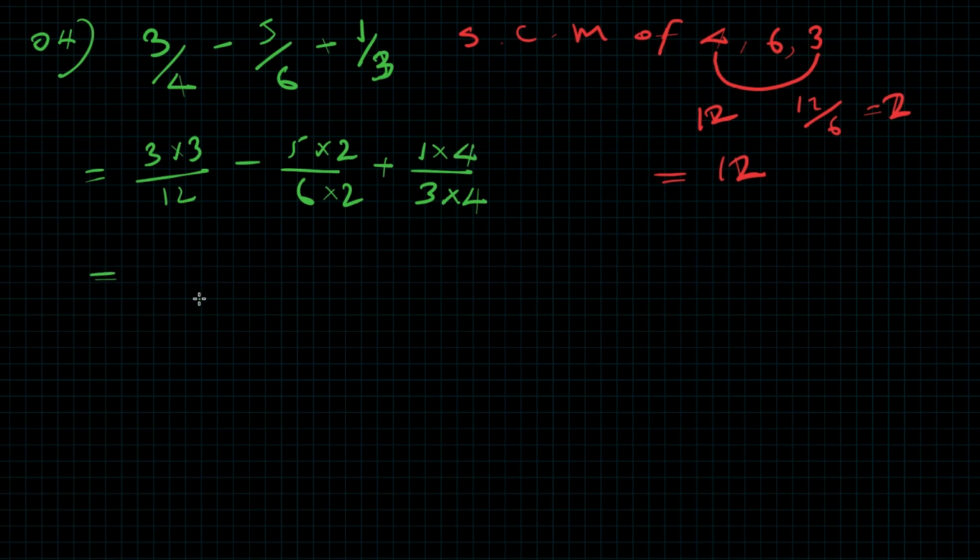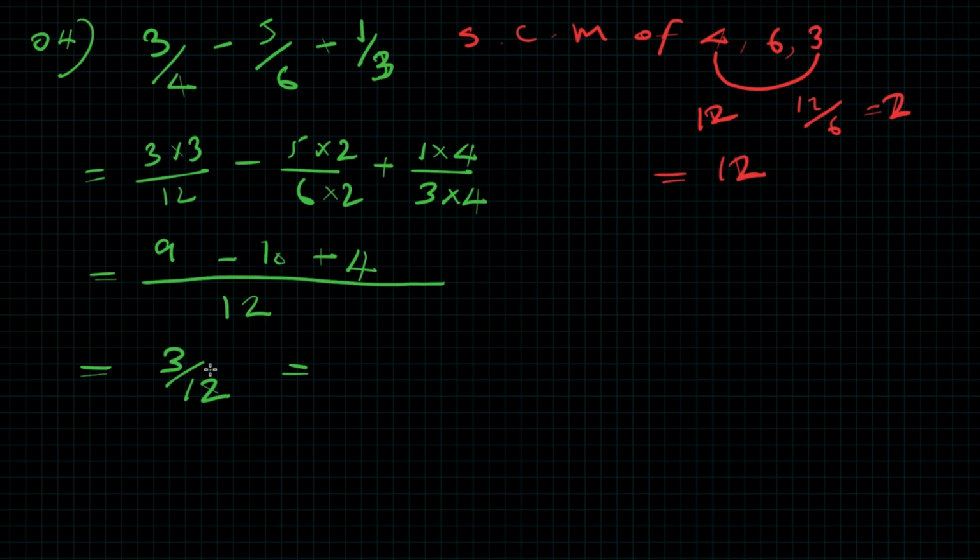Now we can take everything under one number like this, and here we get 9 minus 10 plus 4, and it will be equal to 9 plus 4 is 13, 13 minus 10 is 3 over 12.